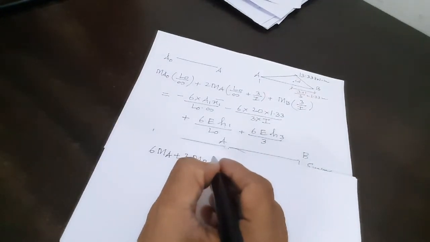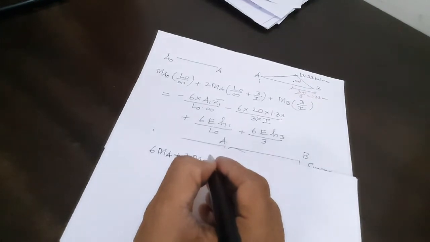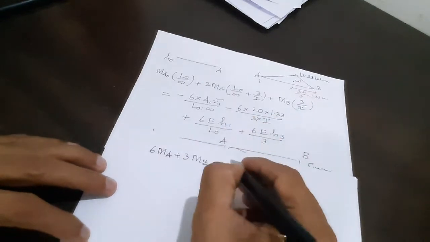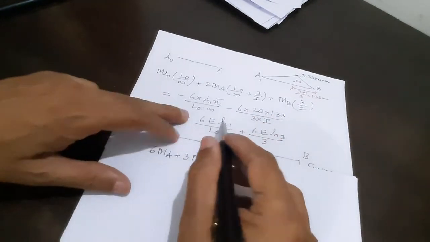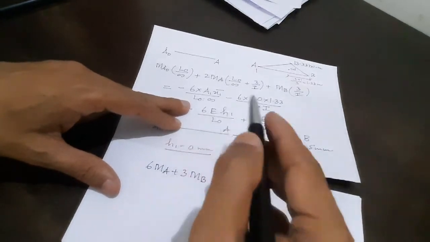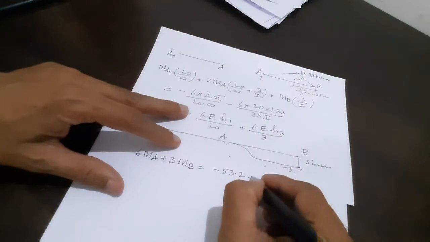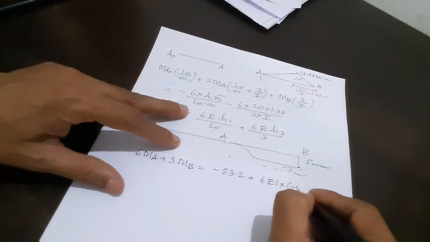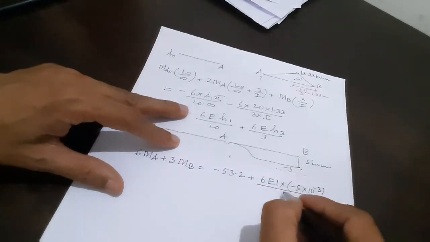I have calculated this minus 6 A1x1 upon I1L1 plus minus 6 A3x3 upon I3L3. This will be 0. I have calculated this. This is minus 53.2. This is 0 because H1 is 0. This term is 0. And now I am putting this plus 6 EI into H3, minus 5 into 10 to the power minus 3 upon L, that is 3.